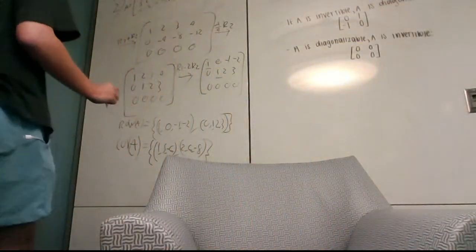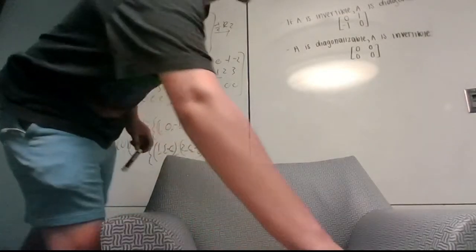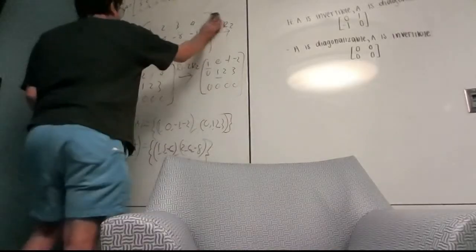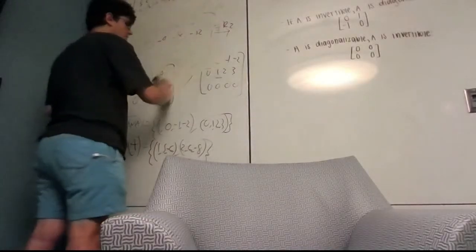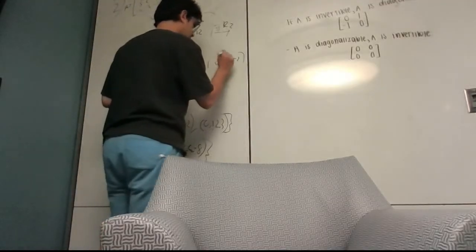Okay. So my shoe fell off. So now that we have our row reduced matrix here, using Gaussian elimination, we can use that. Let's just get rid of this. Oh wait, no! I need that.